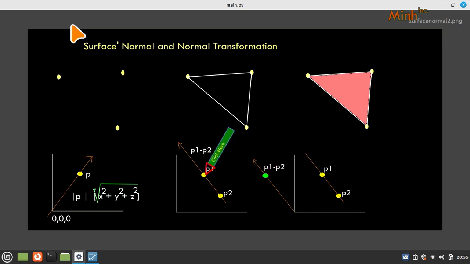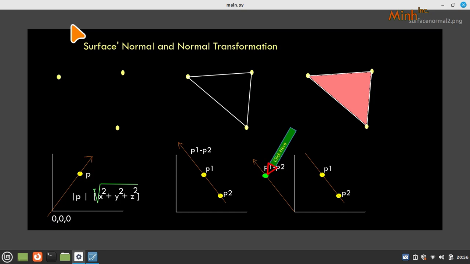So if I have 2 points P1 and P2 and a line passes through them, that vector is actually this one, not what we think. The direction of the vector is from the origin. If I have the net xyz, then this is the vector.